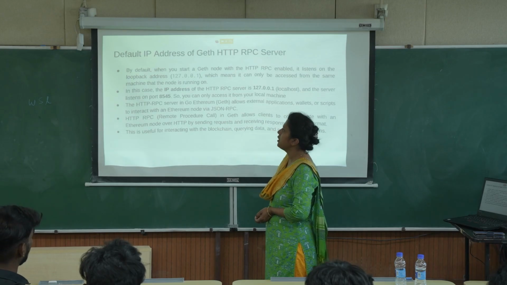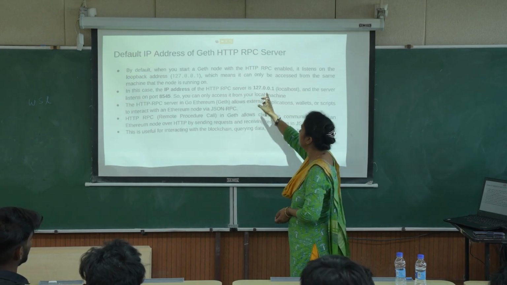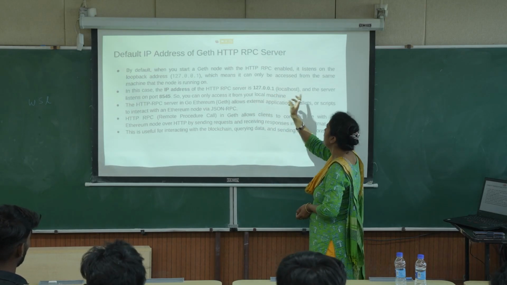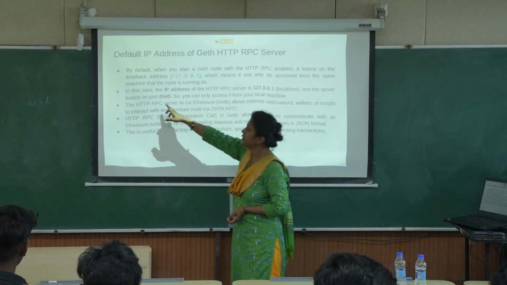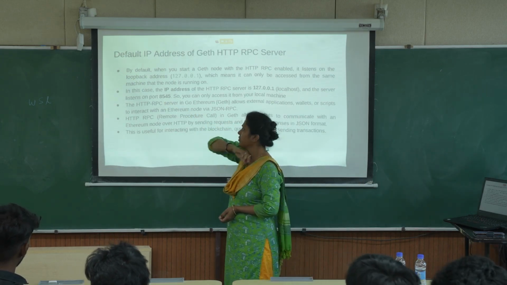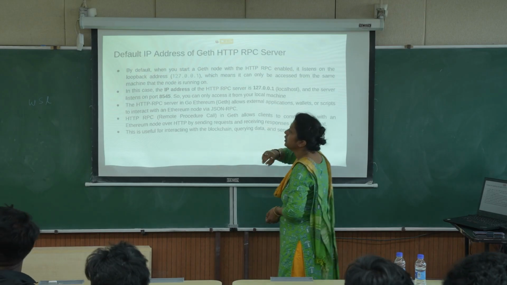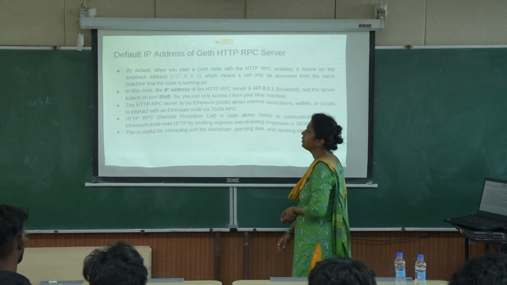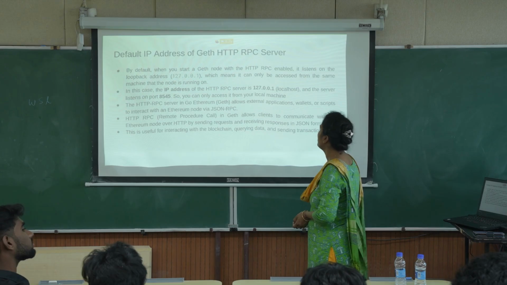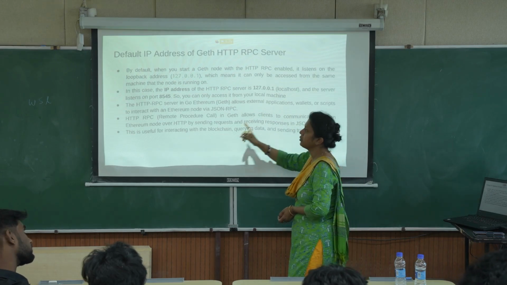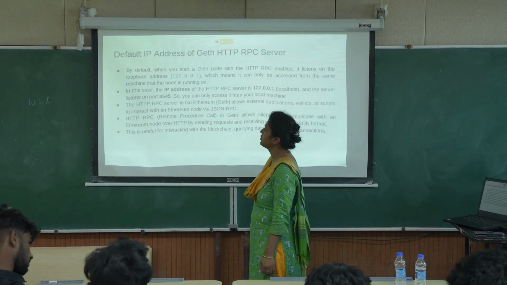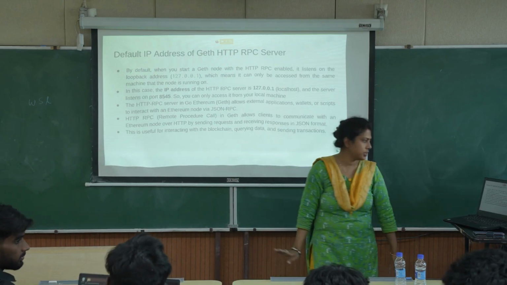In this case, the IP address of the HTTP RPC server is this, the localhost, and the server listens on port 8545. The HTTP RPC server in Go Ethereum allows external applications, wallets and scripts to interact with the Ethereum node.